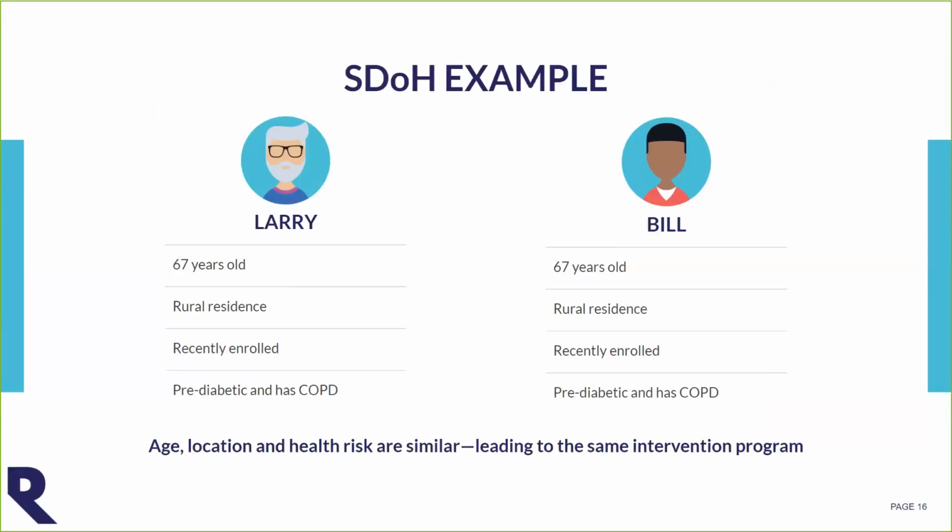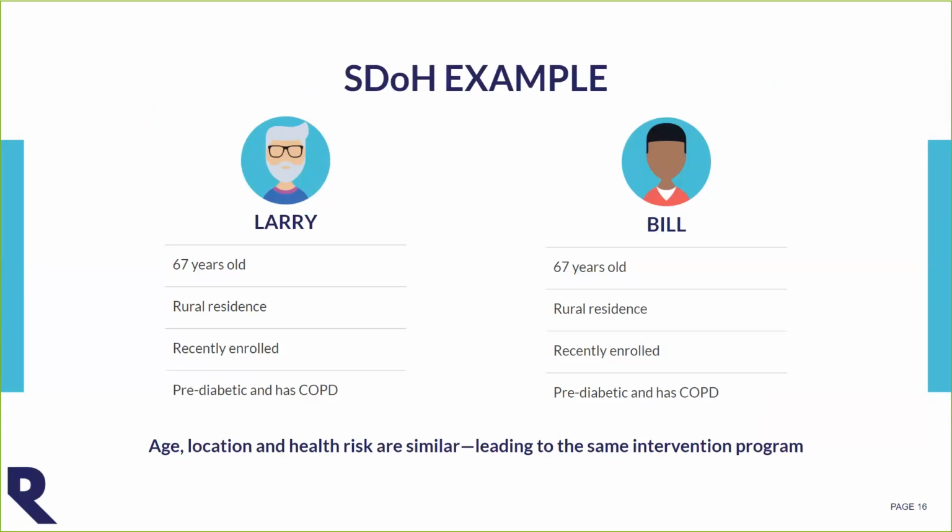We would know the zip code, and so we can probably plot density to understand if there is an urban or a rural designation. We would understand enrollment date, and we would also have an idea based on claims of some conditions that both of these individuals have. And so at the onset, they both look very similar.